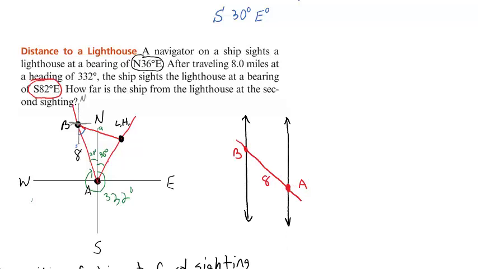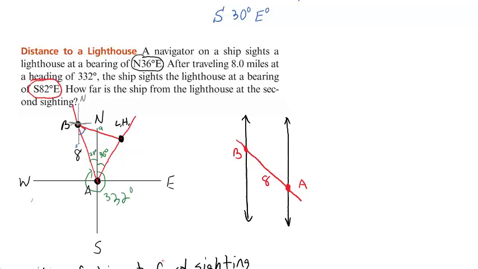Now, the only thing you have to remember from your geometry is that if you have two parallel lines cut by another line, that other line is called a transversal. All you have to remember is the angles that look equal are equal. The angles that look congruent are congruent. We don't have to prove that in here. It's just something we're going to use from geometry.